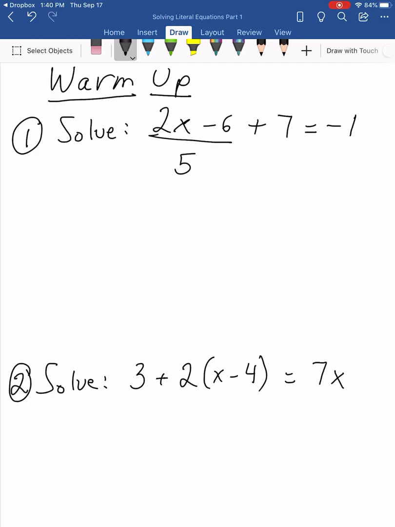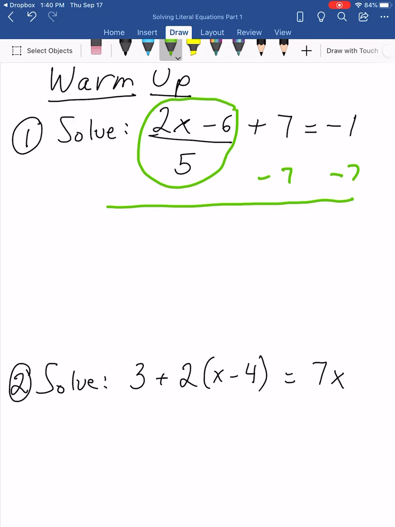All right, so at this point, I'm going to assume that you've tried the questions on your own. Let's go through this together. So number one, you should start by subtracting 7 from both sides. I want to isolate this, so we'll get rid of that 7. So we have 2x minus x over 5 equals -1 minus 7. Same sign, so we add and keep. So it's -8. Okay. Now we want to get rid of the fraction.